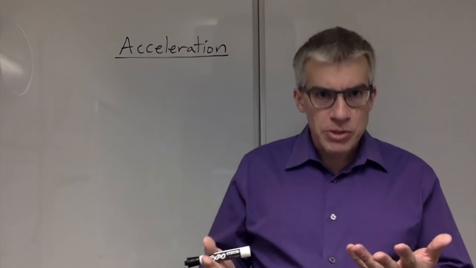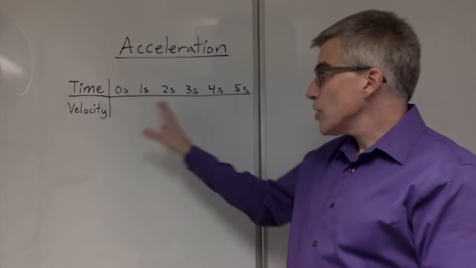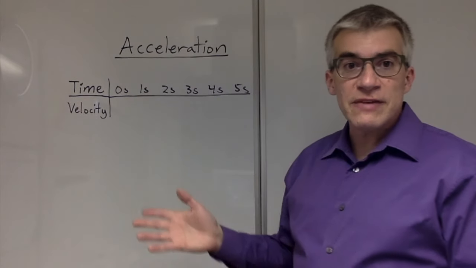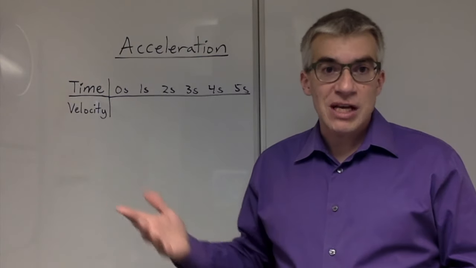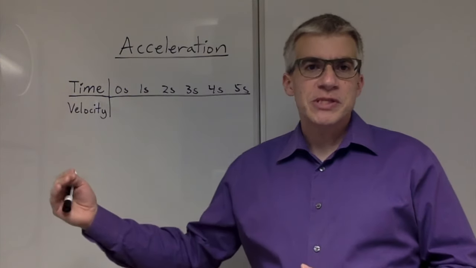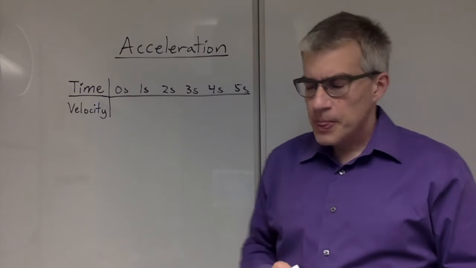But how do we put numbers on it? Let's suppose we have an object and we're tracking it from 0 seconds to 5 seconds. And every second we're going to measure how fast it's going, its velocity. Let's say for direction purposes it's just always moving in the positive x direction. So really all I care about is the speed.